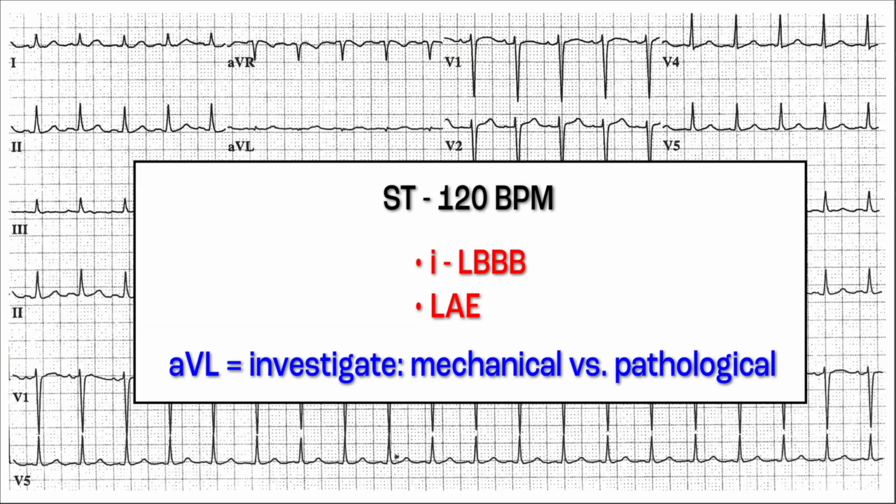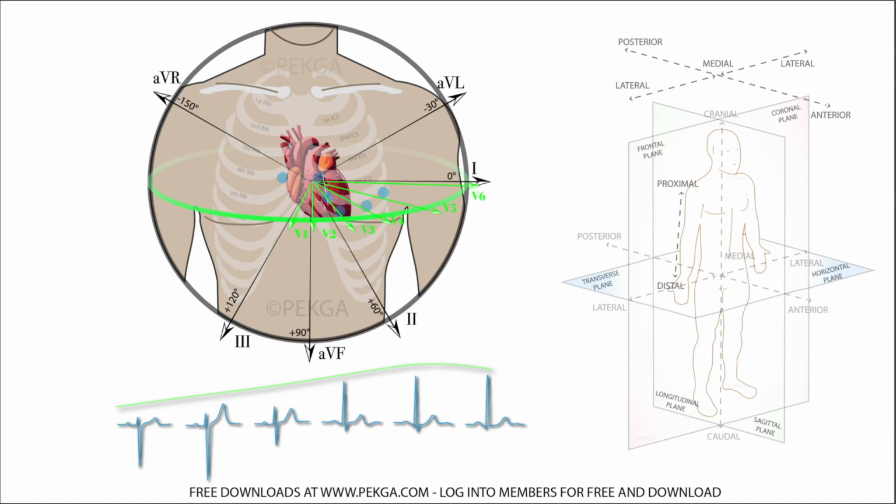That is not 100%, but it's pretty darn close. So left atrial enlargement, I would mention all of this to whomever I'm handing this ECG off to, or if I'm just putting it in my report. And then AVL. Do not forget to investigate AVL. AVL needs to be answered, and AVL would be incredibly helpful when looking at left atrial enlargement. Why? Because it's looking at the left atrium.